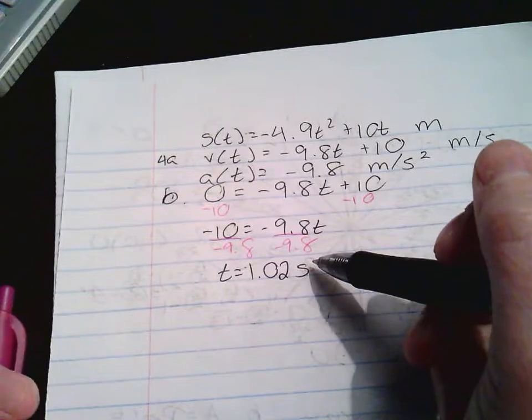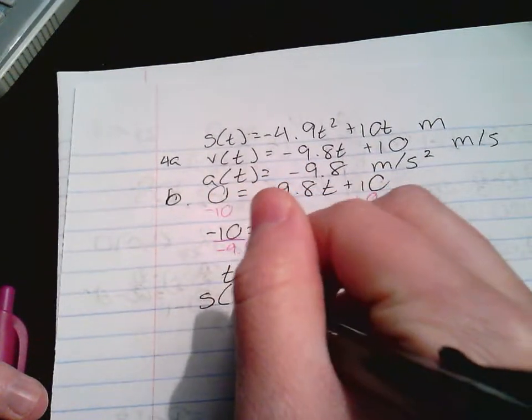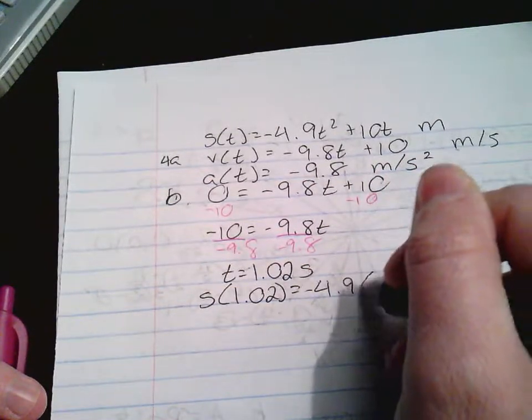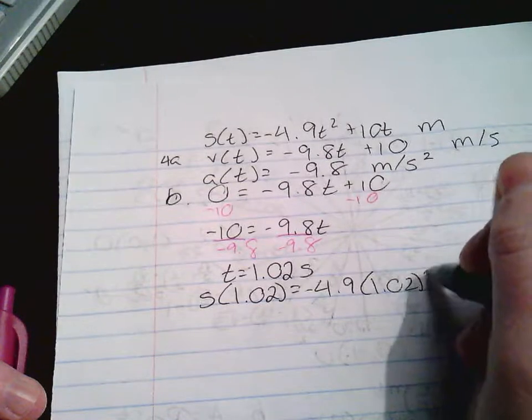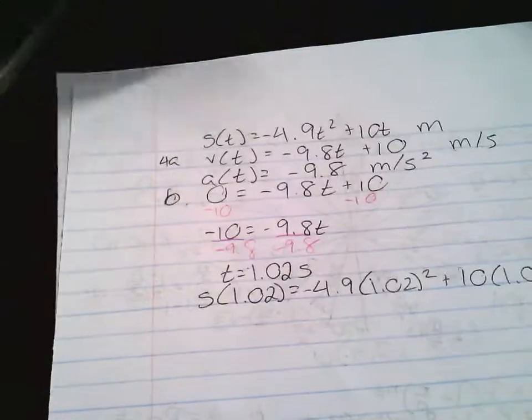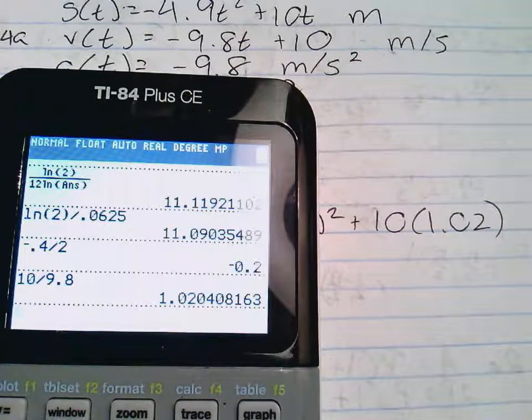Okay, to determine how high, you put the seconds into the original equation. So s of 1.02 is going to be negative 4.9 times 1.02 squared plus 10 times 1.02. Easy way, sorry, I will fix it. Okay, so easy way to put this in: there's my 1.02.